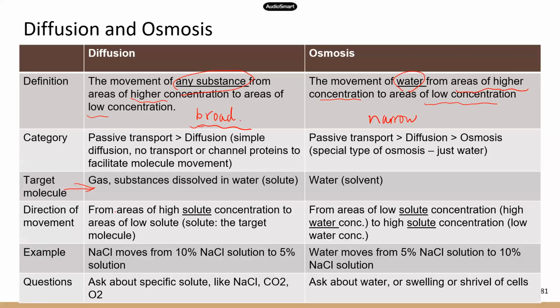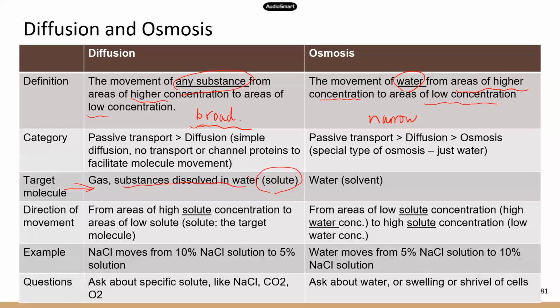For diffusion, like I said, it could be any substances, and usually those are substances dissolved in water, which we know as a solute. That's because when you think about the internal environment in your body, it's really a watery environment. So most of the time when we talk about things related to our body, there are substances that are dissolved in water.